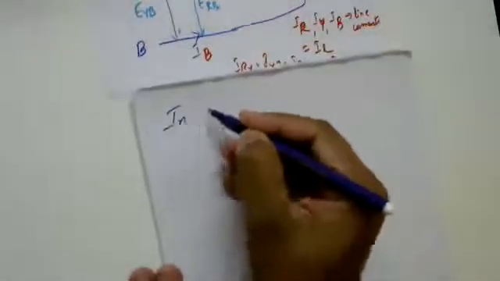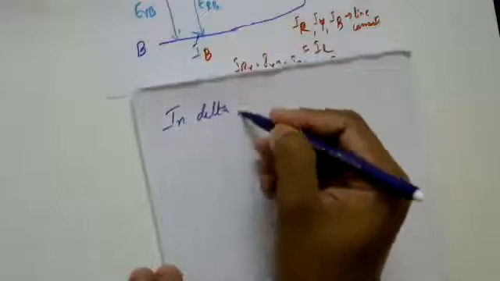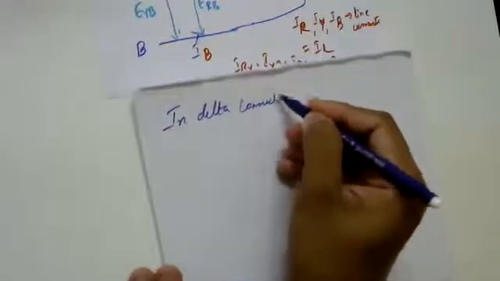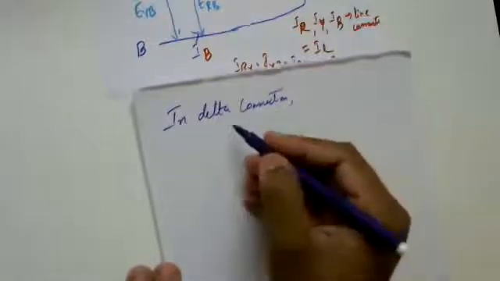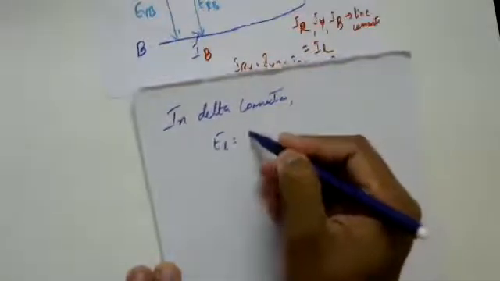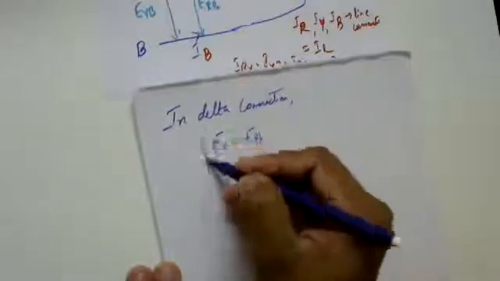Okay, so taking this circuit as reference, I can simply say that in delta connection, my EL is equal to E phase.